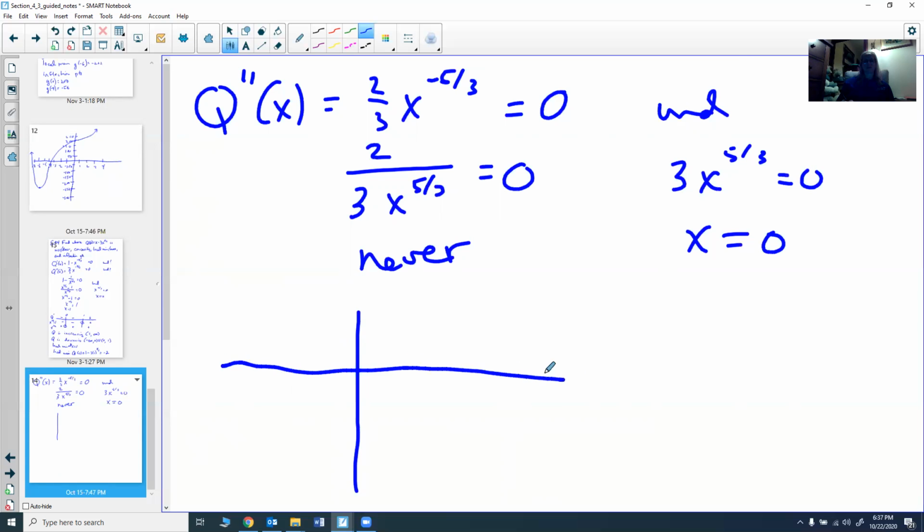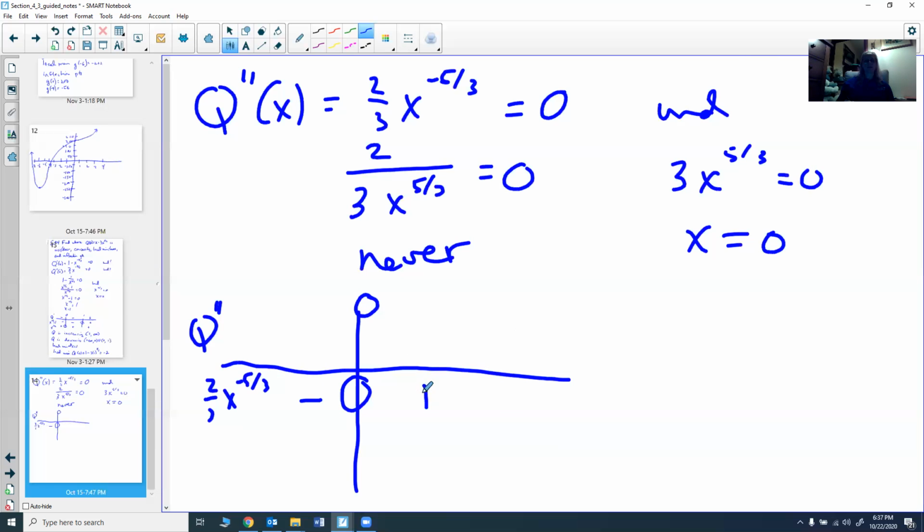So let's look at the second derivative and what's happening there. Our factors again are 2/3 x to the negative 5/3. Well, if you take a number less than 0 and you raise it to the negative 5/3, it's not going to change the sign, so it's still going to be negative.